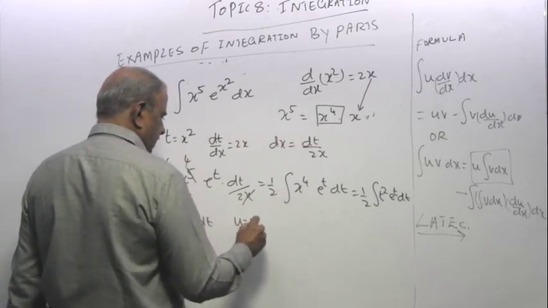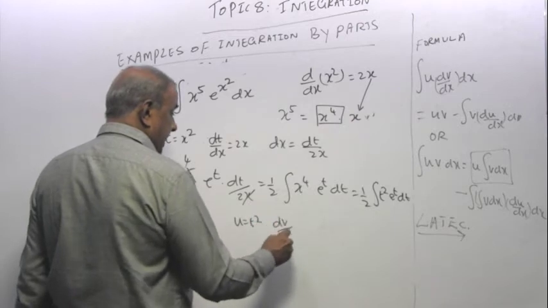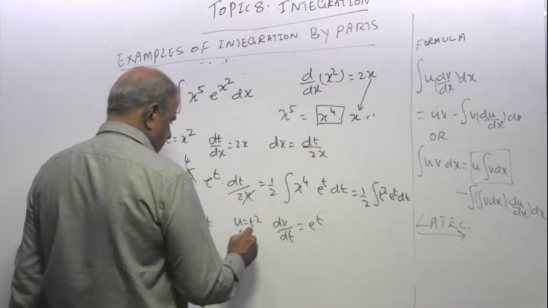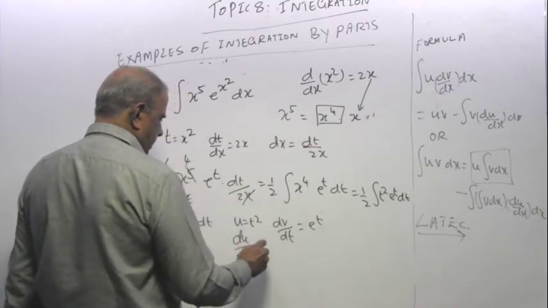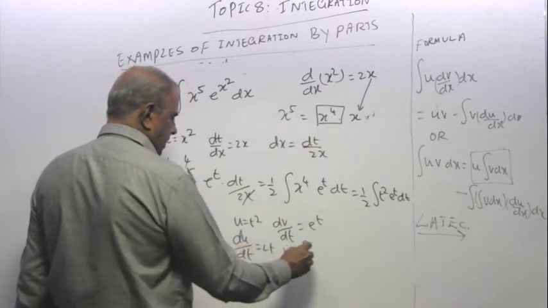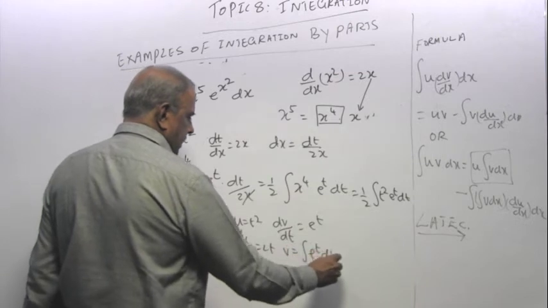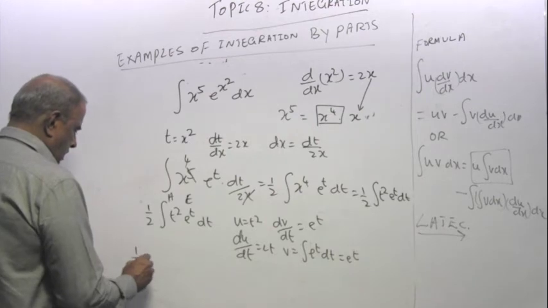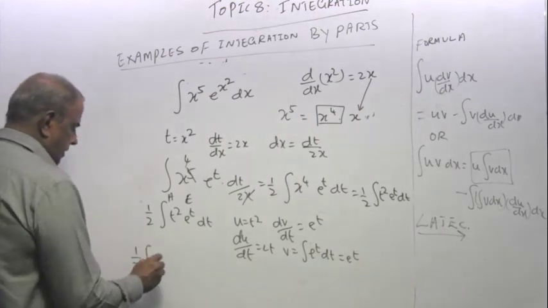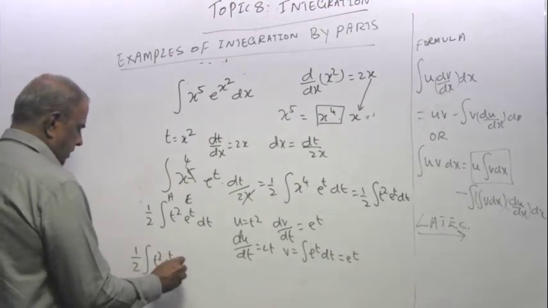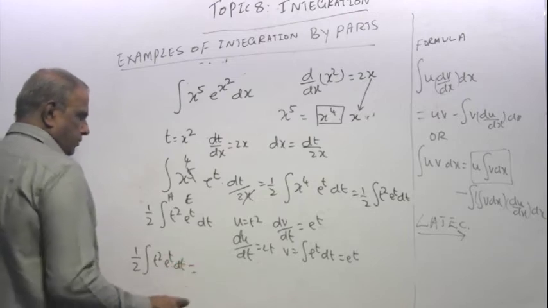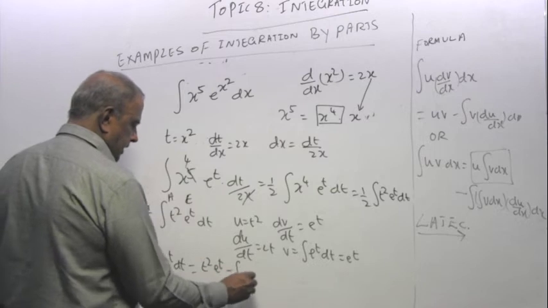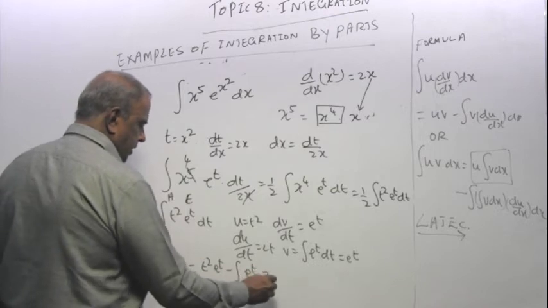So, u is t squared, dv by dt is e power t. du by dt is 2t, v is integral e power t dt, which is e power t. So, half integral t squared e power t dt equal to uv minus integral v du by dx.